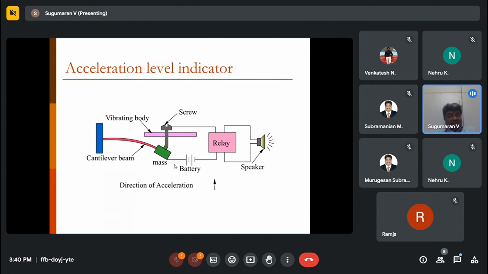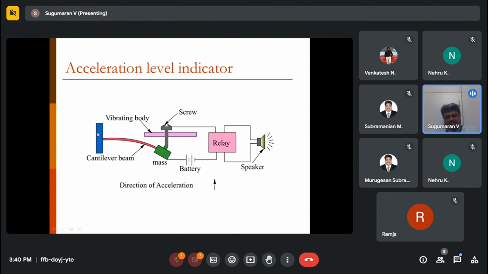When vibration level increases beyond a certain limit, they want to get an alert, because in a factory environment it may already be noisy. Already there will be a lot of vibration because of so many machineries under one roof. They want to get some extra alert in the form of a light or some sound, so that the operator's attention is drawn, he switches off the machine and does the necessary maintenance activity. For that, vibration level sensors are widely used.